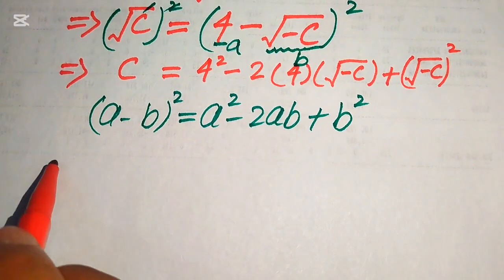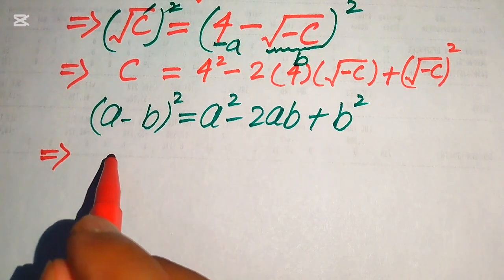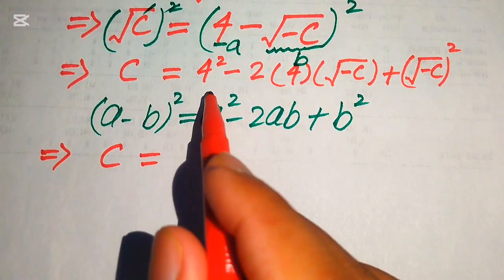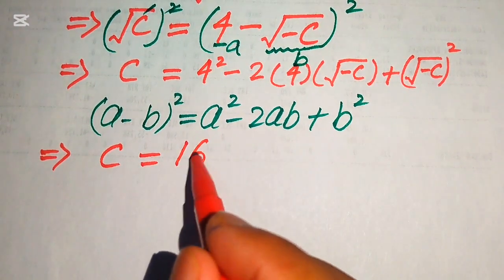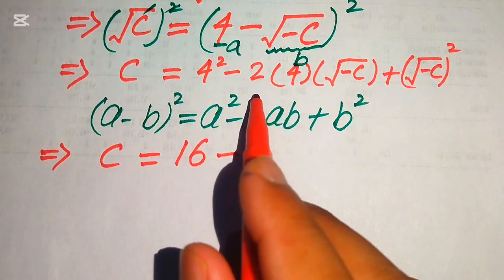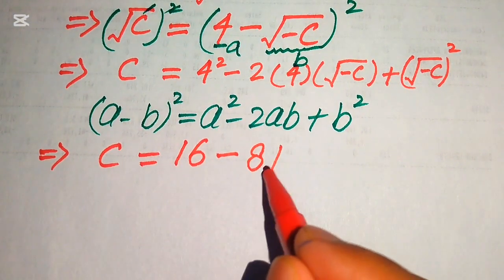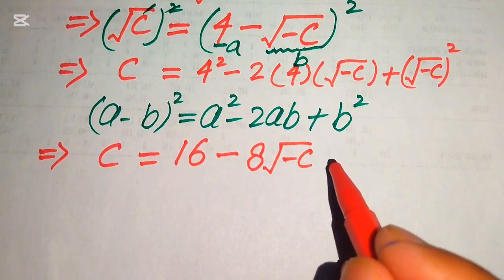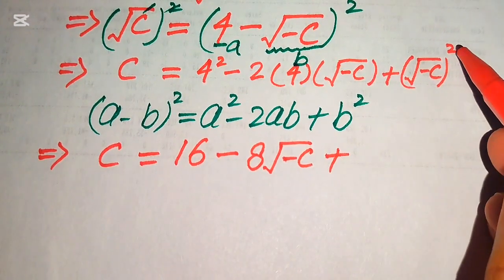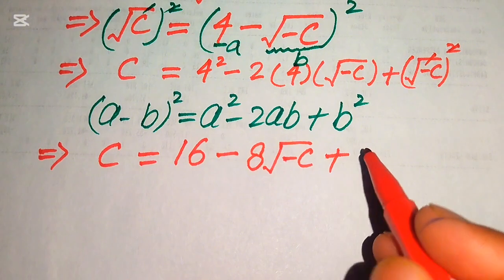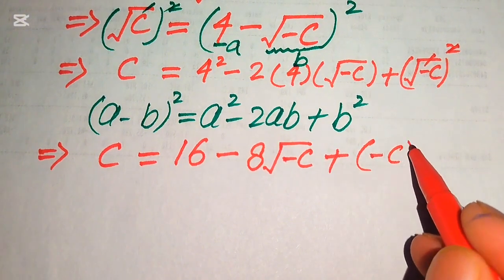And now further in the next step we need more simplifications here, and we have c equals, this is 4 square and 4 square equals 16, minus 2 times 4 equals 8 into square root of minus c, and plus this 2 and this square root are gone, and here we get minus c only.